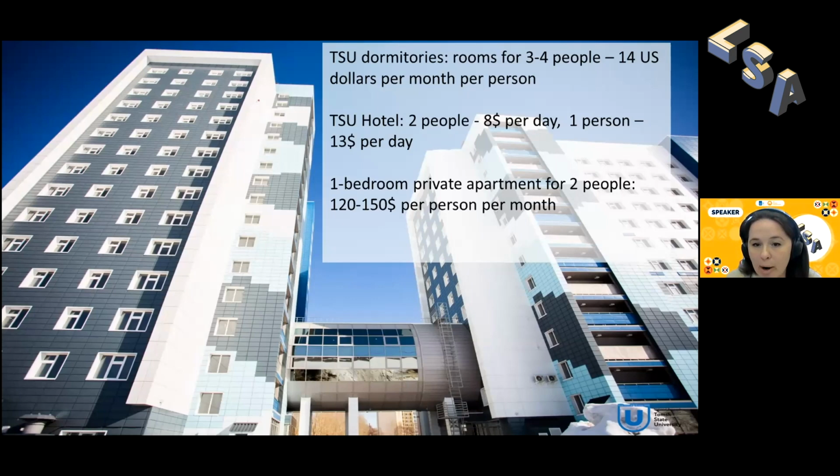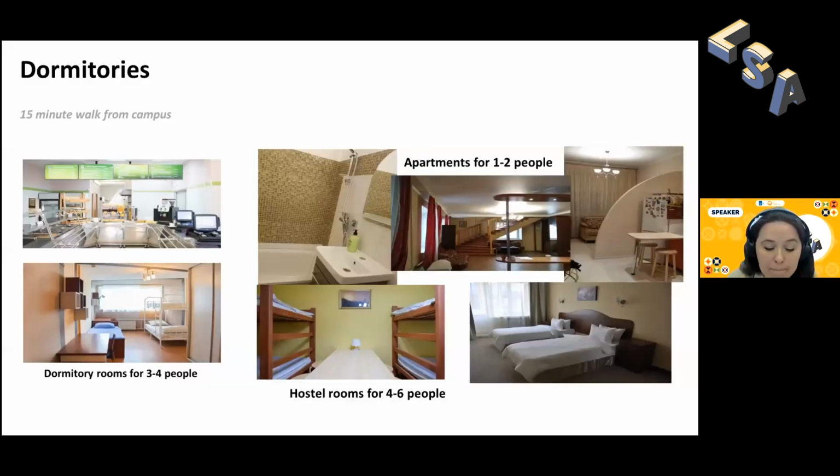You can see the prices here. And also we have high comfort rooms which provide single accommodation. All the rooms are equipped with all necessary furniture and facilities. There is a bathroom and internet in each room.